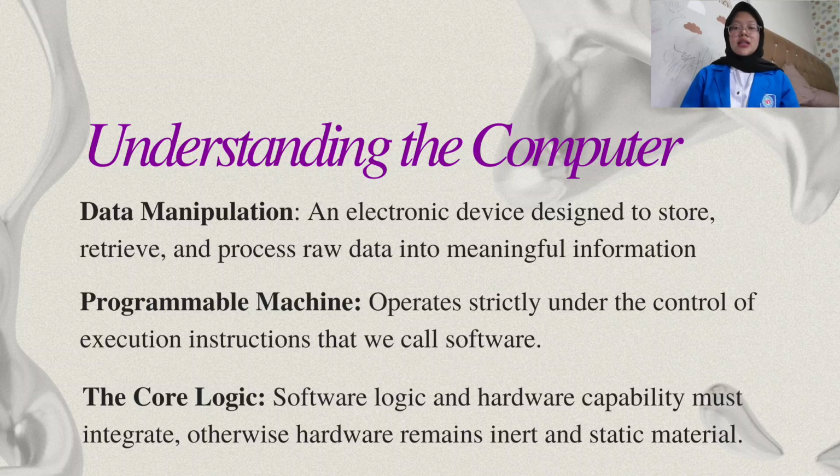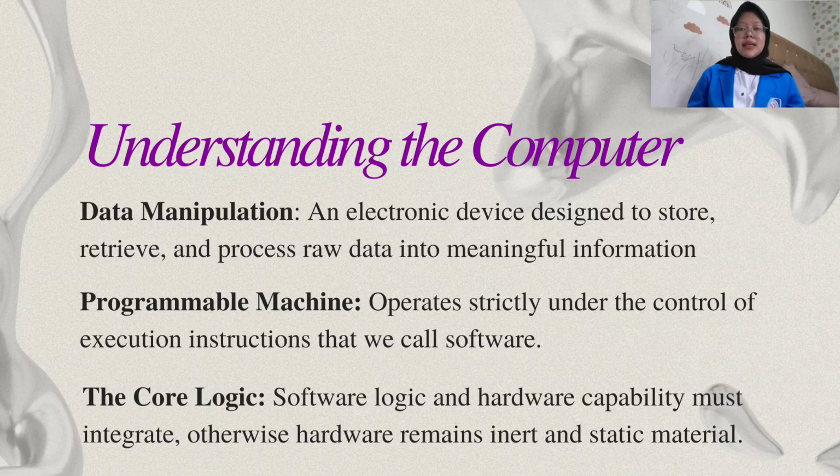Understanding the computer. Now looking at slide 2, let's start with the fundamental question. What actually is a computer? Beyond the screen and the chassis, a computer is an electronic device that manipulates data. It has the distinct ability to store, retrieve, and process information.